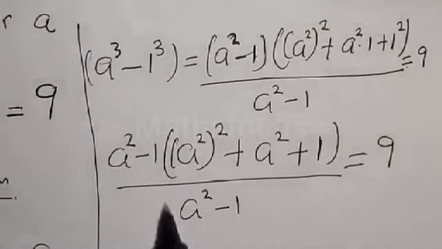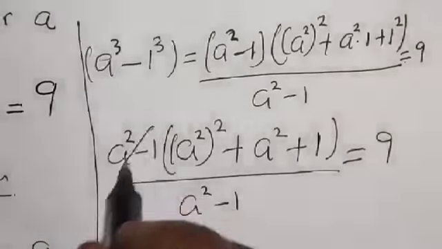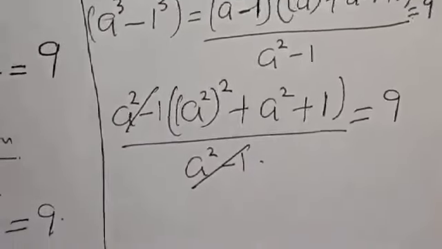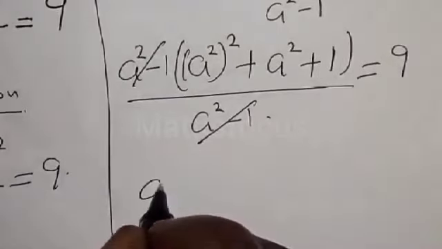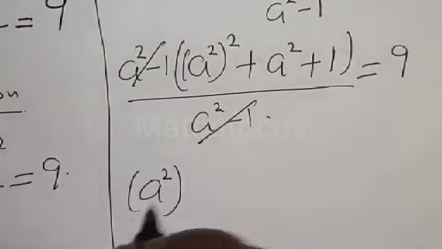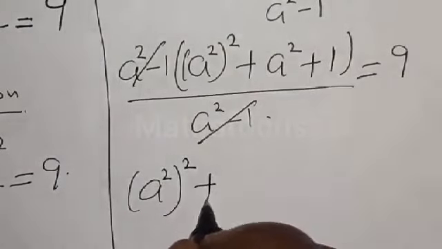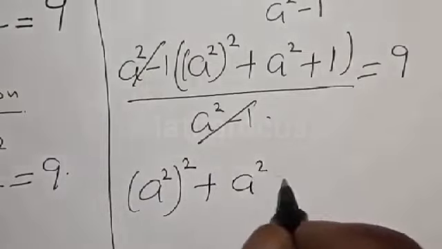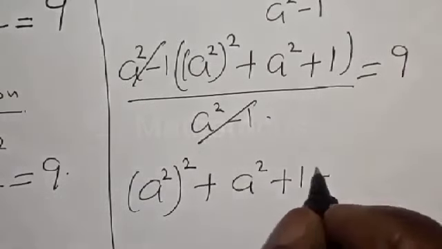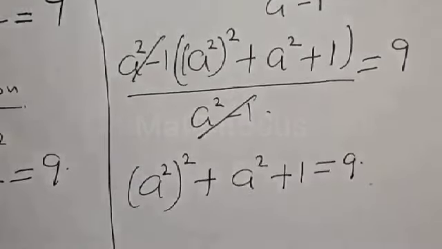Then here is a squared minus 1 and here is a squared minus 1. This one will cancel this. We have a squared squared plus a squared plus 1 is equal to 9.